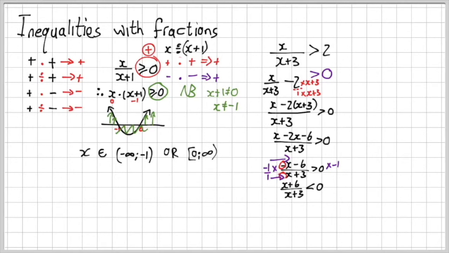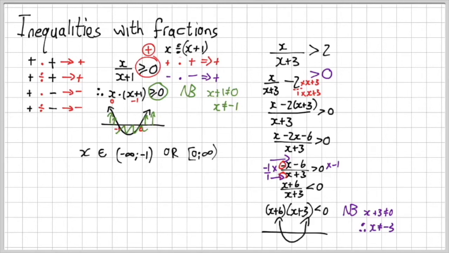Now I'm going to go, instead of dividing, I'm going to times. And this, again, is a very straightforward parabola with one restriction. x plus 3 may not be naught, so x may not be negative 3. In this parabola now, I've got my two roots, one at negative 6 and one at negative 3.